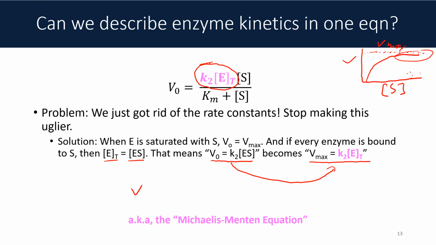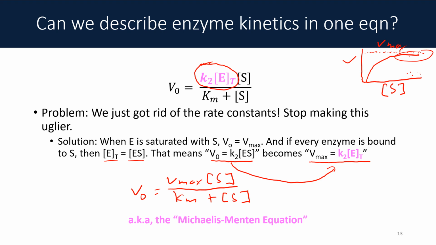yielding us V naught equals Vmax times the concentration of substrate, which we know because we prepared the solution of this fictitious experiment, over Km, which is a constant unique to that enzyme, plus the concentration of substrate again.